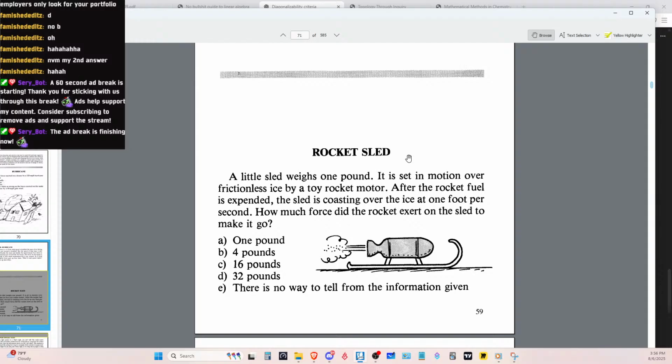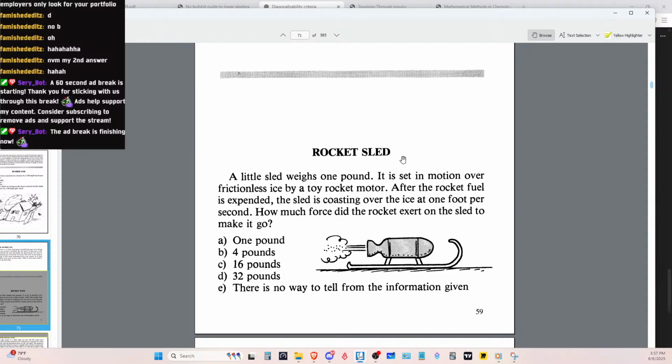After the rocket fuel is expended, the sled is coasting over the ice at 1 foot per second. So this is a force question. How much force did the rocket exert on the sled to make it go? Okay, since it's frictionless, let's see, 4 pounds, 16 pounds, 32 pounds.